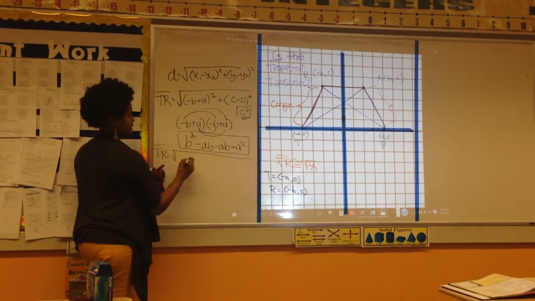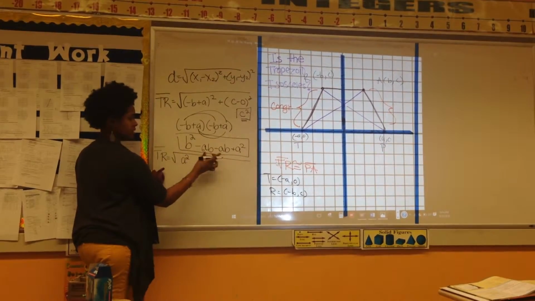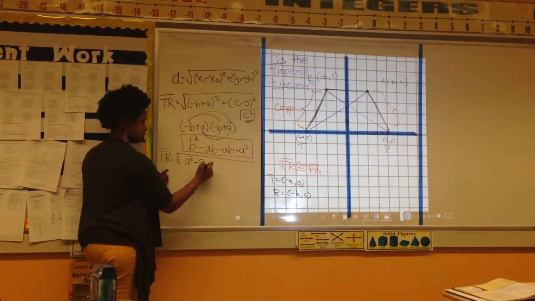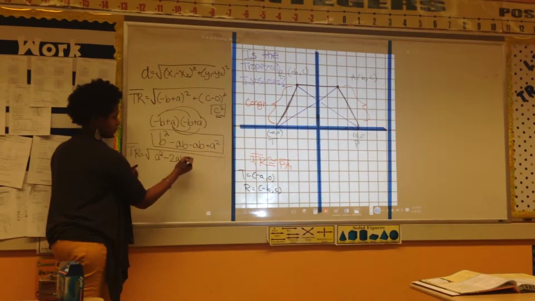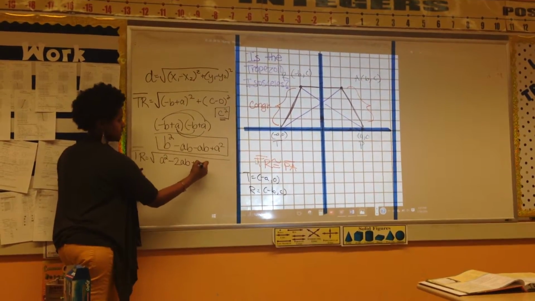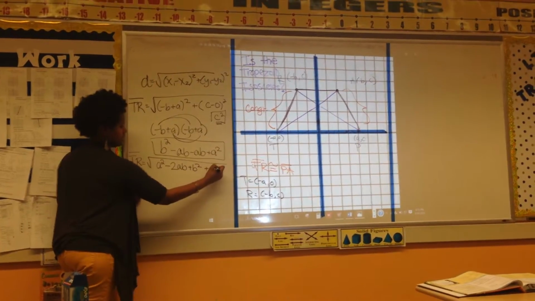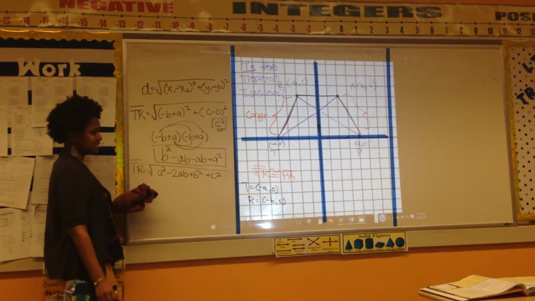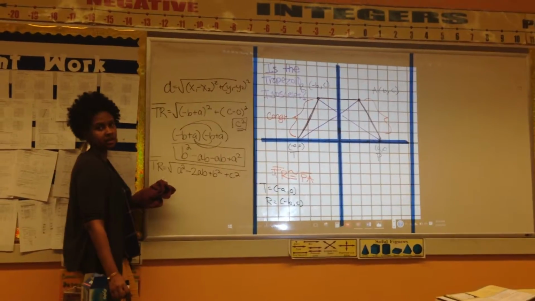I end up with A squared minus 2AB plus B squared plus C squared. I can't simplify this anymore, so this is the distance of segment TR.